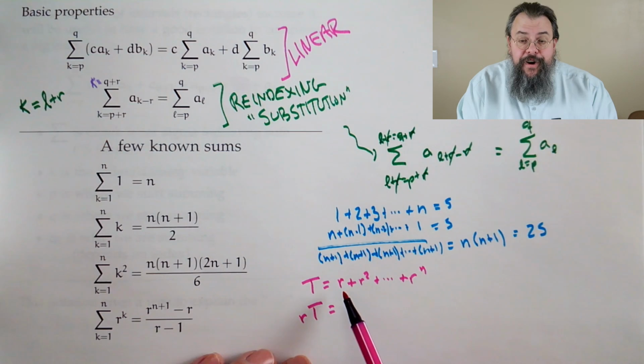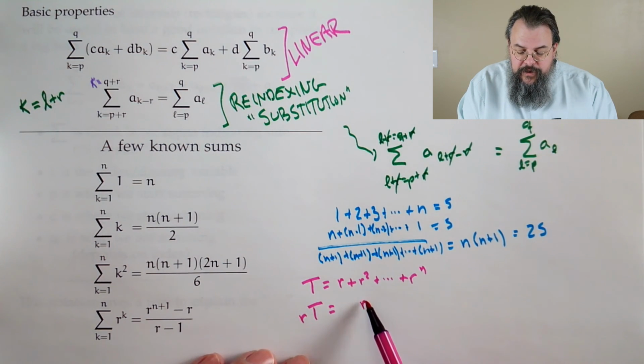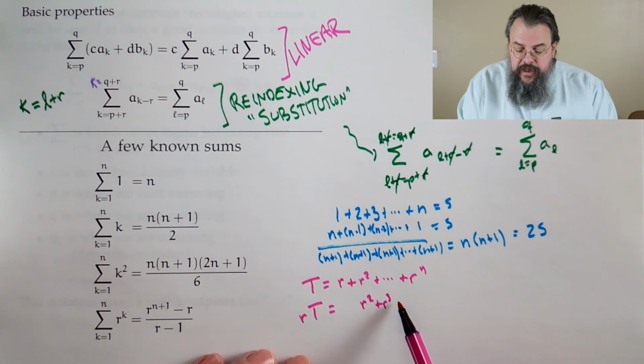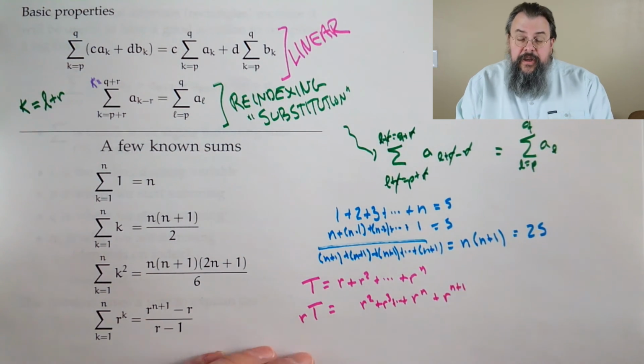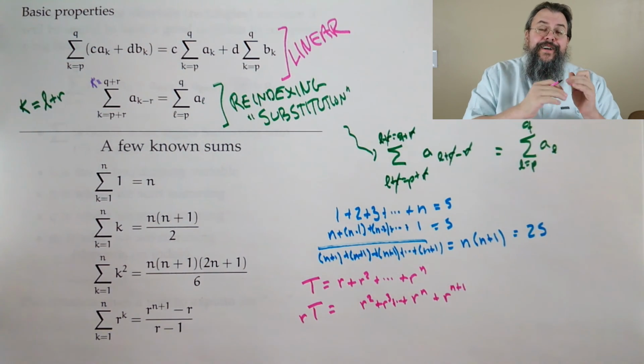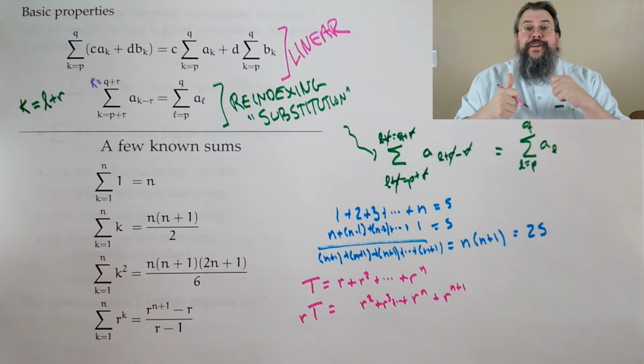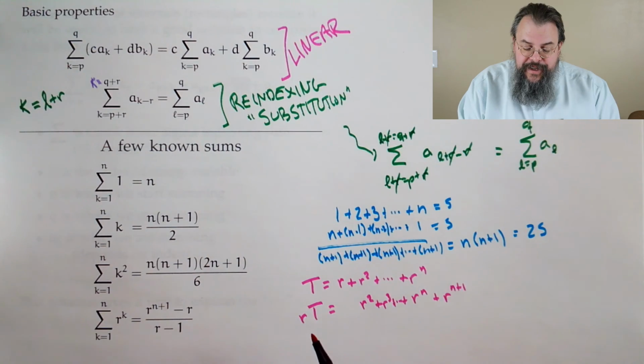Well, r times r is r squared. R squared times r is r cubed, and so forth. And you'd get r to the n from the previous term, and then r to the n plus 1. So it's still powers of r, except now you start at 2 and end at n plus 1.